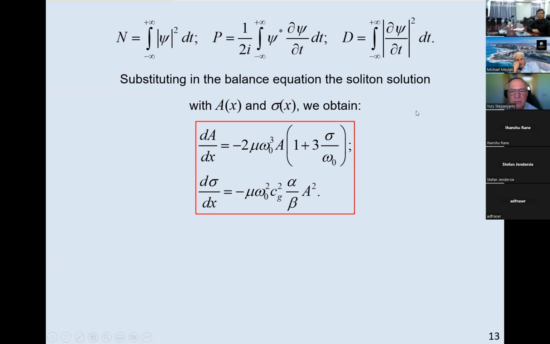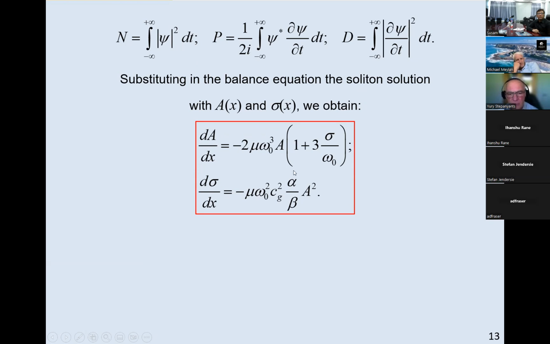Now, if we use a solution in the form of envelope soliton and substitute here in N, P, and E, then we obtain the set of two simultaneous equations for the amplitude and frequency shift. So we have two such equations. These equations are relatively simple, and they can be solved analytically.